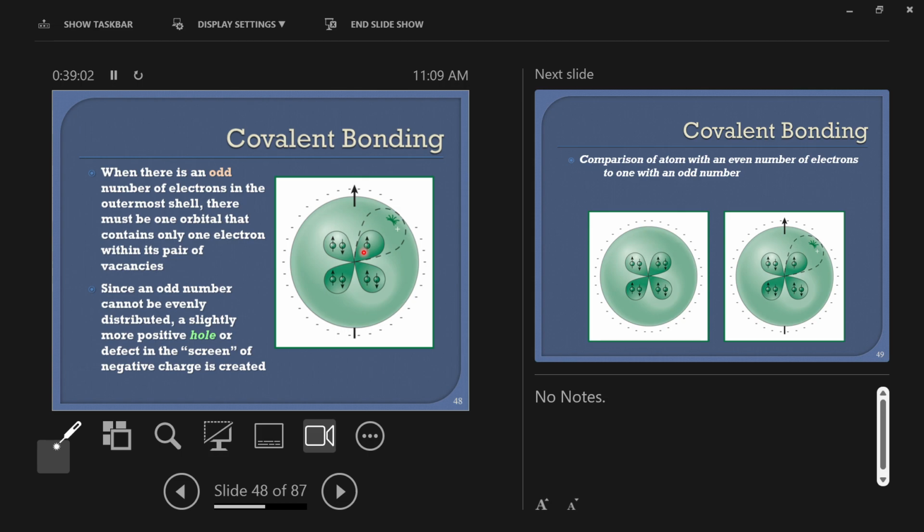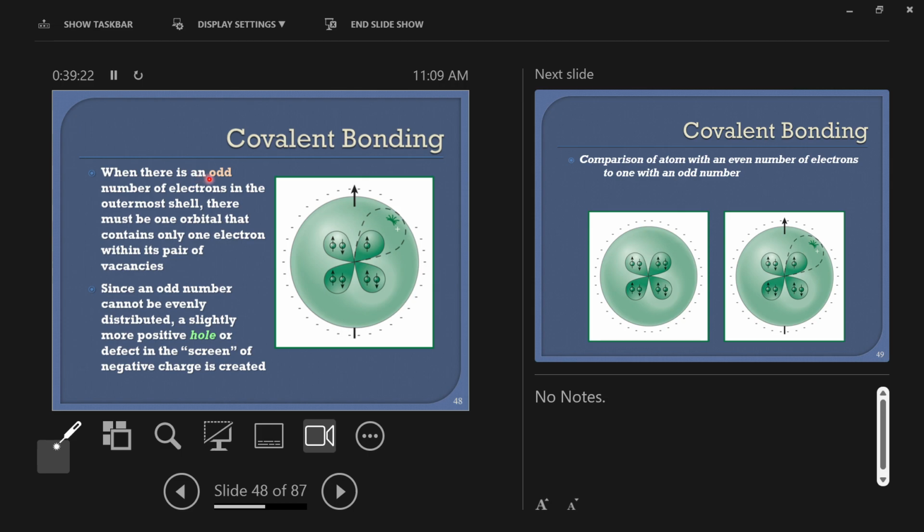Or it's an incomplete valence shell, like hydrogen. Hydrogen is missing 1, right? So its orbital will be only having 1 electron, and it's spinning in only one direction. And so we've got an imbalance in electric and magnetic repulsion charge.